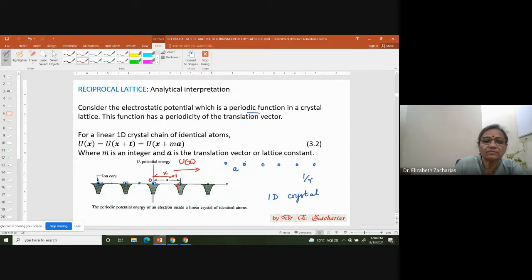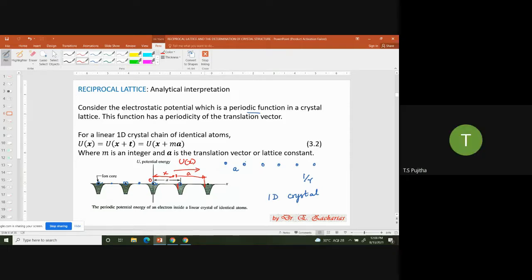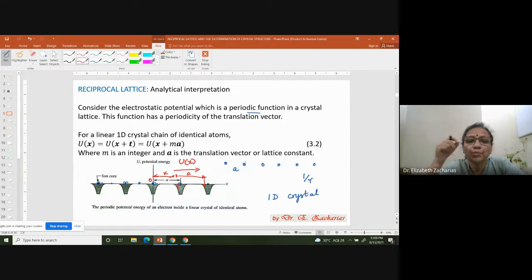Now, at some distance x plus a, I will get the same potential energy. Are you following what I'm saying? Yes. The potential energy at a point is defined by u as a function of x, which is going to be equal to u of x plus T.